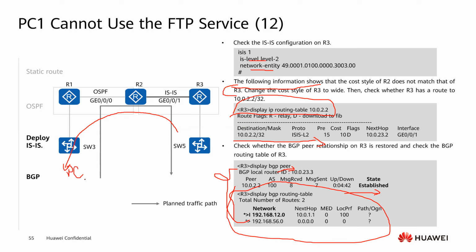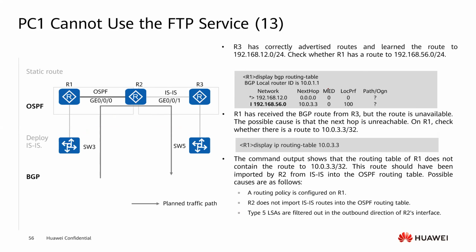Okay, R3 also has it, because it's an internal network segment and it's best and selected. Then we check whether R1 has a route in this direction. We can see the origin is IGP, but it's not selected. It's not the best.